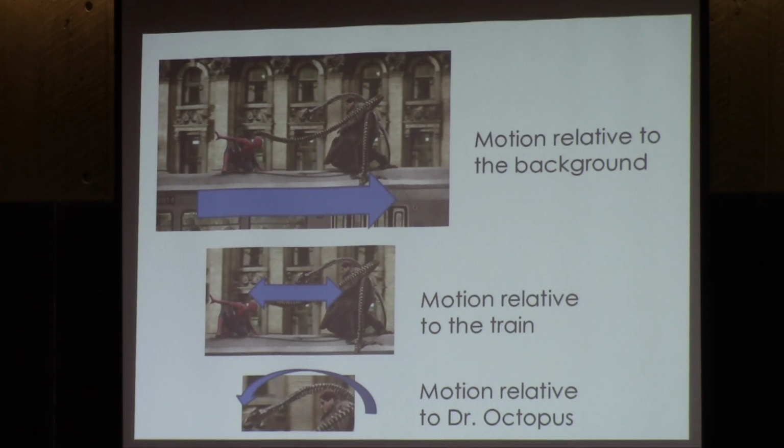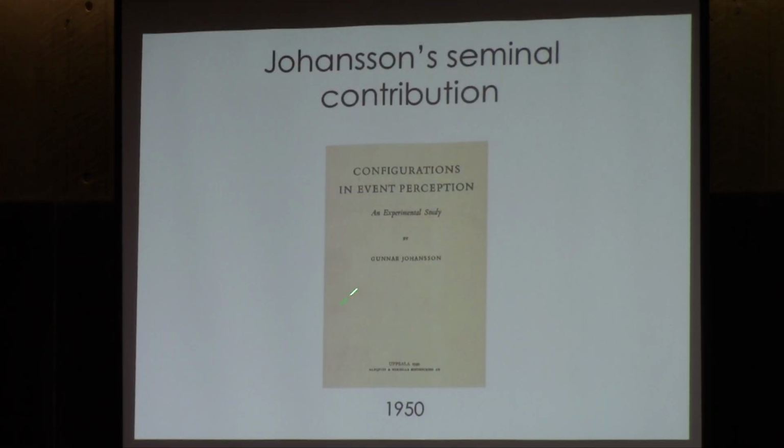And there's an important question here: how do we extract this information from a visual scene? The seminal work by Gunnar Johansson in the 1940s and 50s gave both the initial experimental data that speaks to this question, and also the initial theoretical idea to possibly answer it.